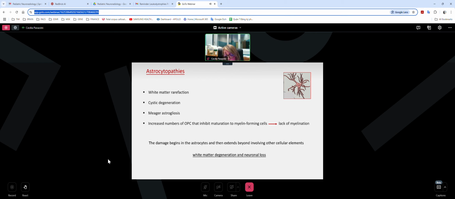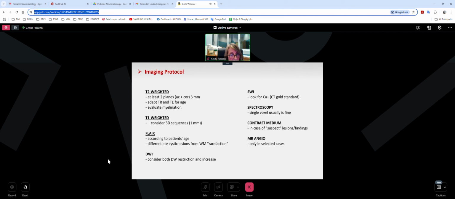And this is particularly true for Alexander disease and vanishing white matter. So the damage begins in the astrocyte and then extends beyond, involving other cellular elements, with resulting white matter degeneration and neuronal loss. And all these features can be detected by MRI.